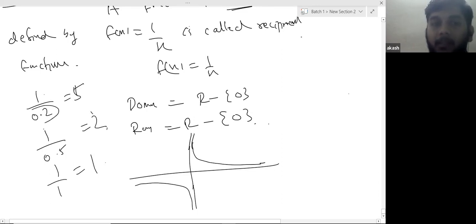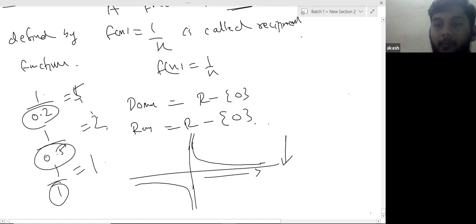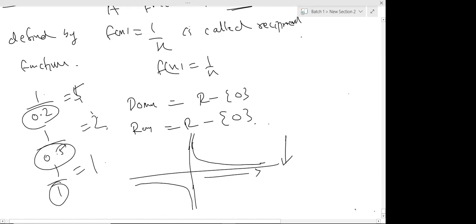Because x is increasing, y is decreasing. When x increases, y decreases. Clear? Yes, sir. Draw this graph.